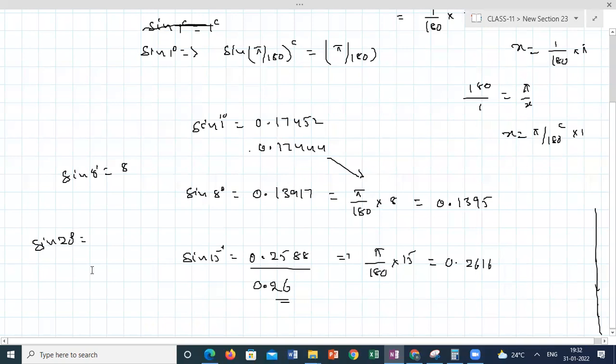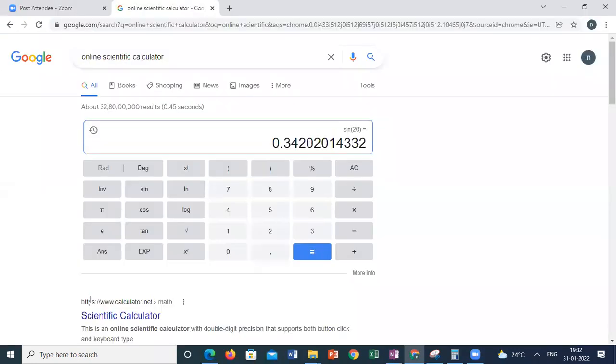Let's see 20 degrees converted into radians: 20 into pi by 180, which cancels to pi by 9. So pi is 3.14, and 3.14 divided by 9 is 0.3488. So you can see the difference now.